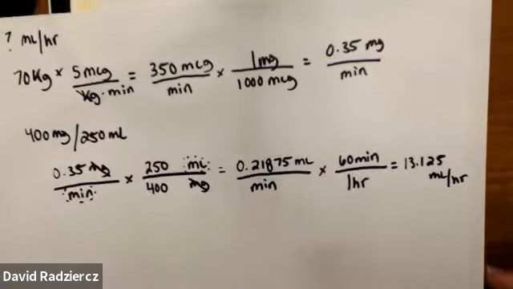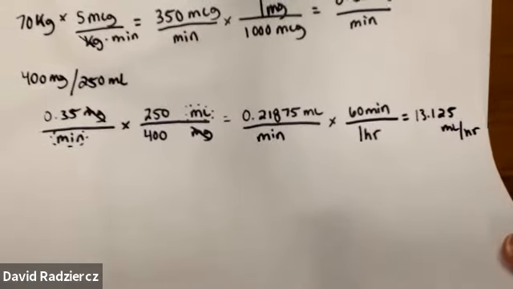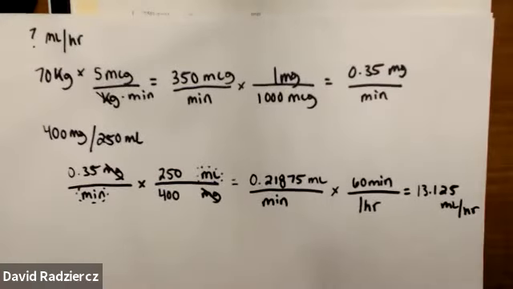Now, it says, at what rate should we start the infusion? So I wanted to check the key, but the way I would answer this is I would say it's 13.1 milliliters per hour. But let me double check. So the key left it completely there as 13.125.